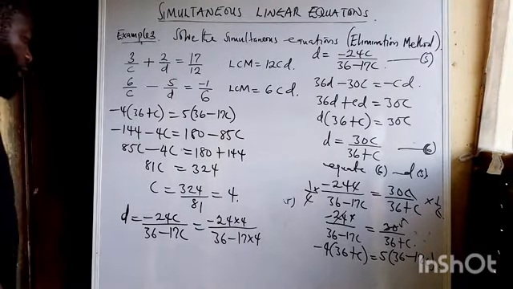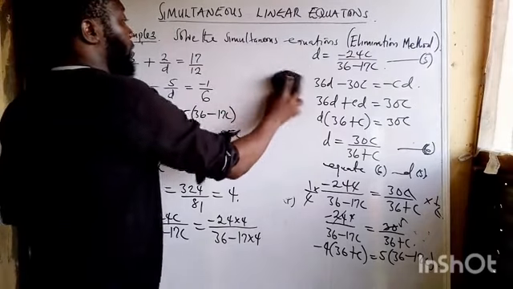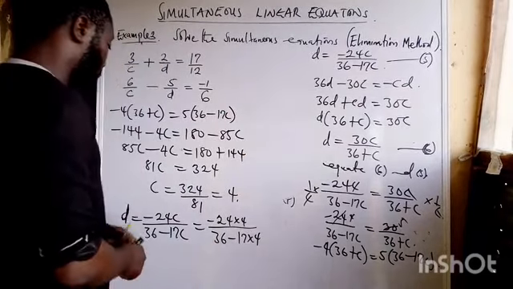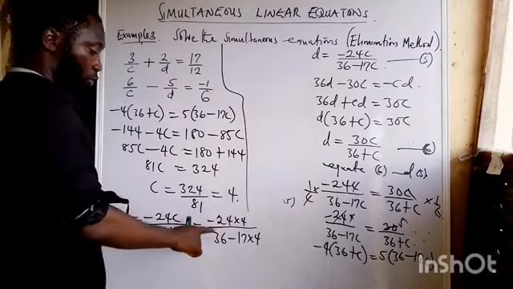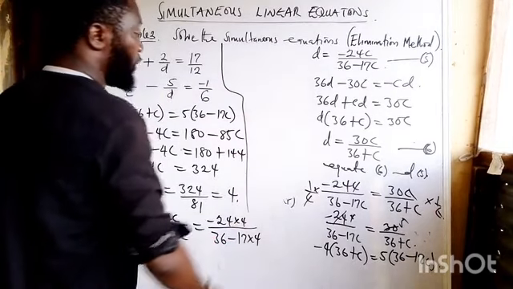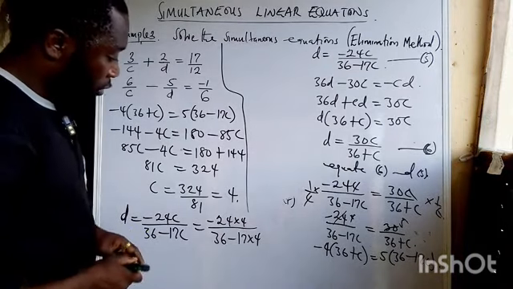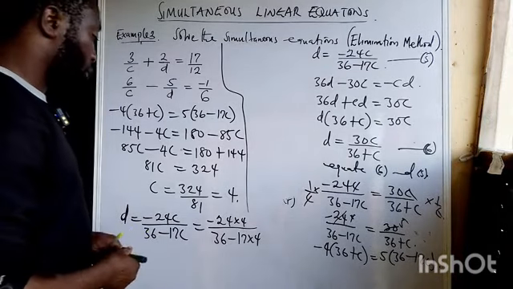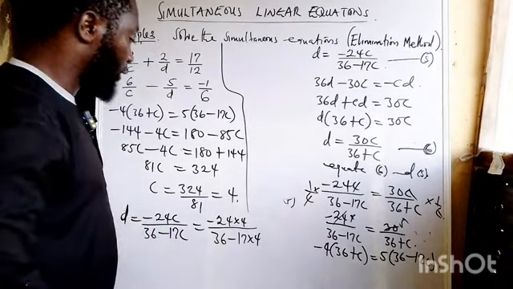Let's simplify this further. 17 times 4: 17 times 2 is 34, 34 times 2 is 68.